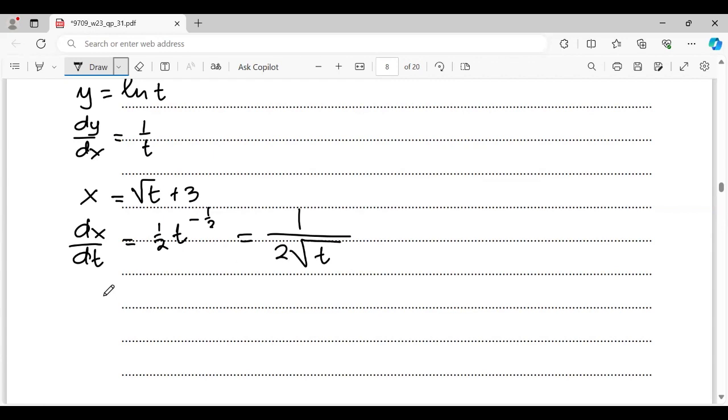So dt dx, the opposite of this fraction, becomes 2 square root t over 1.